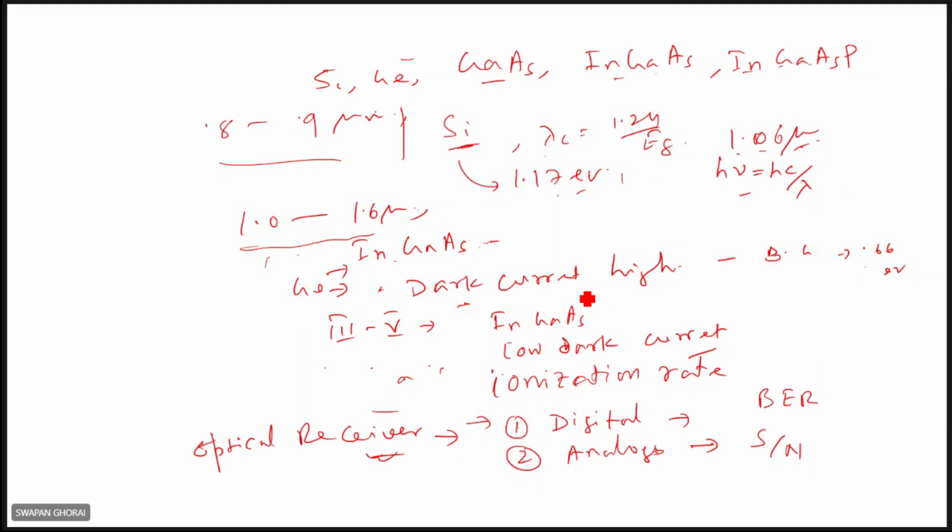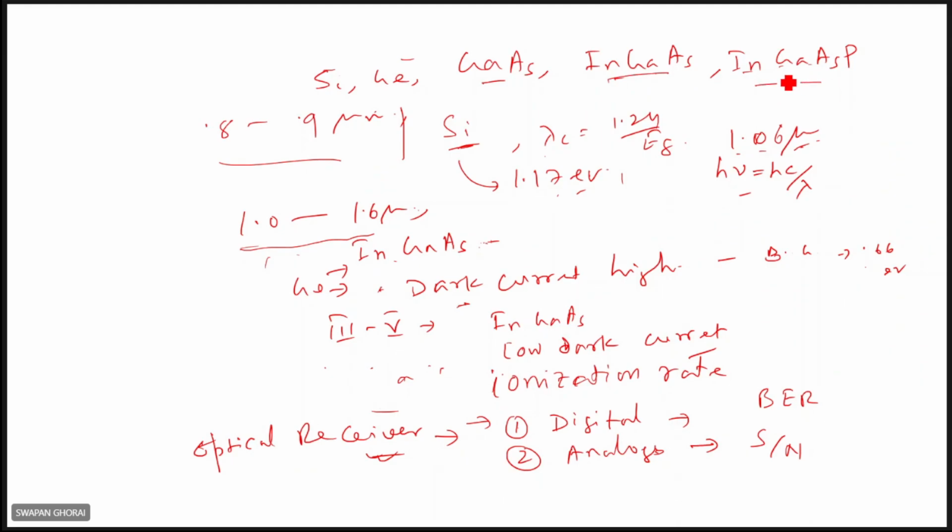Because of these things, generally III-V compound semiconductors are preferable. Of course, germanium photodetectors have also been used for high data transmission experiments over longer distances. Apart from germanium, other materials are used like indium gallium arsenide and indium gallium arsenide phosphide.